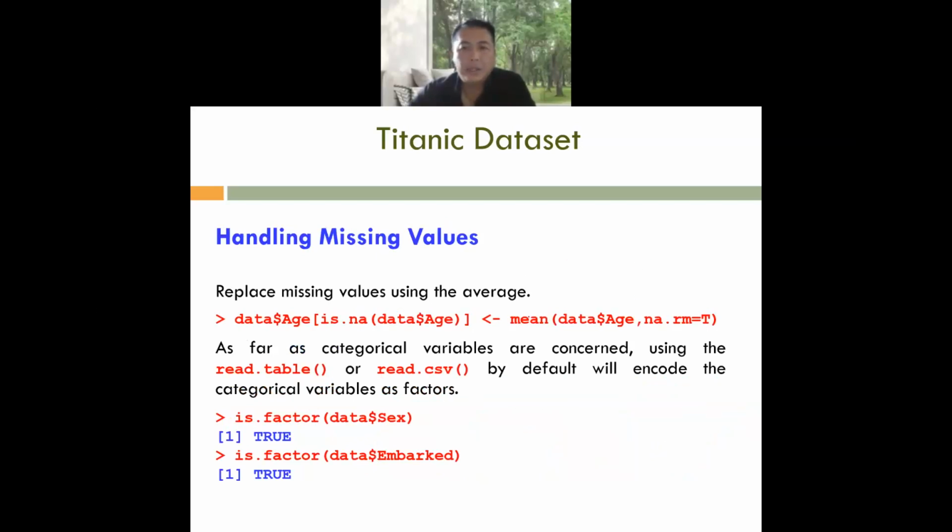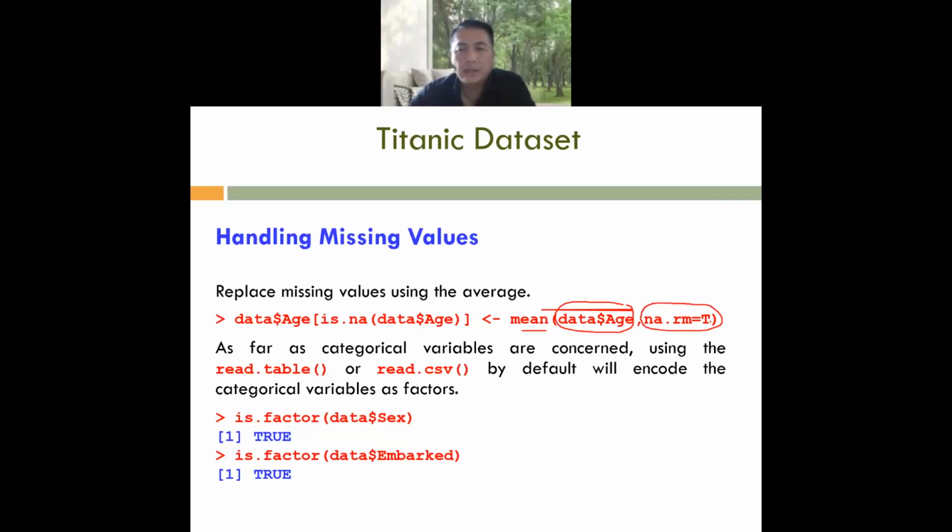What happened here is that I'm focusing on the age, and I'm looking at the mean where values are not missing.